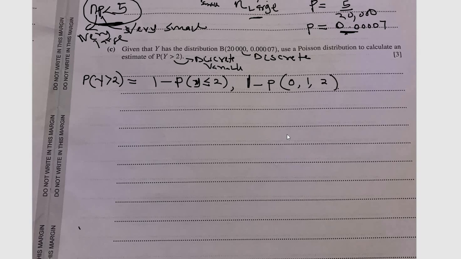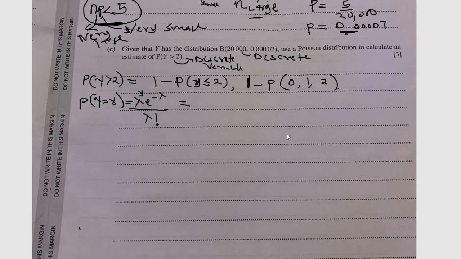Now, the Poisson distribution formula for the probability of Y equal to r is lambda raised to the power y, e raised to the power minus lambda, all over y factorial.